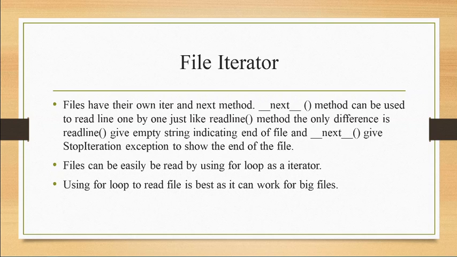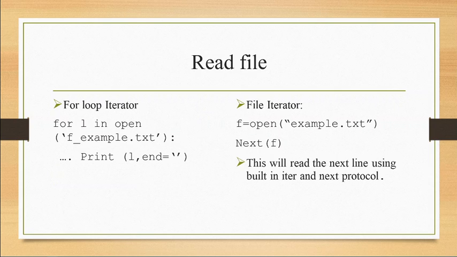The only difference is that readline gives an empty string indicating the end of the file, and the next method gives a StopIteration exception to show the end of the file. Files can easily be read by using a for loop as an iterator. Using a for loop to read a file always works best for big files. This is the way in which we can use a for loop as an iterator to read files.